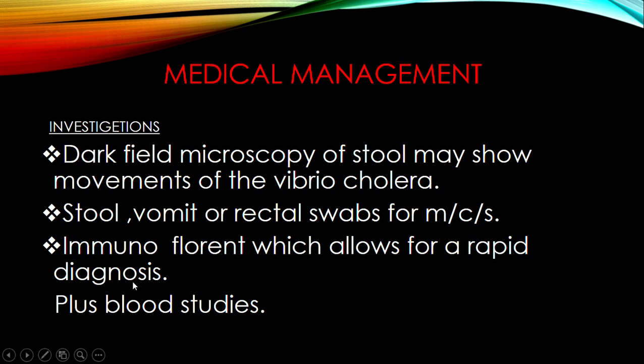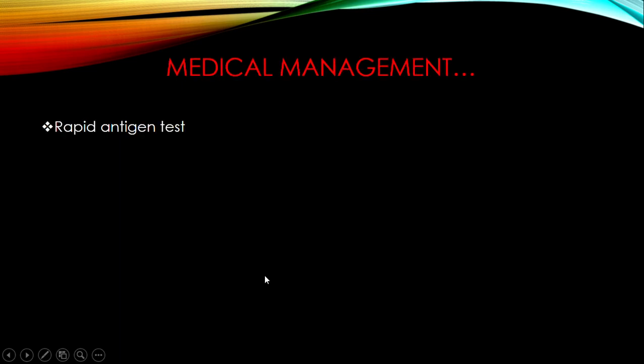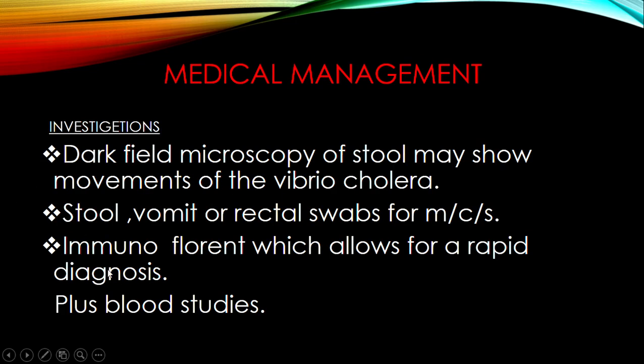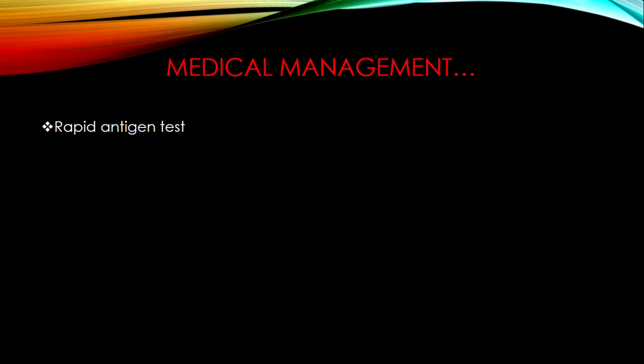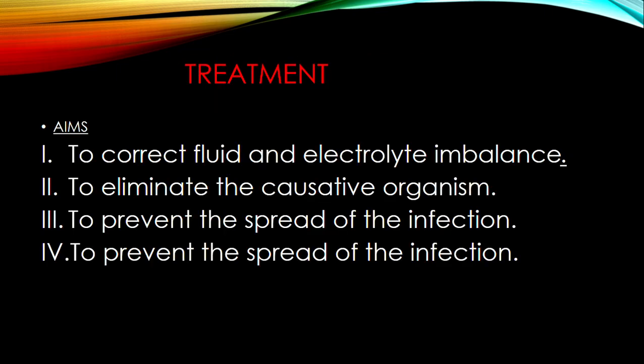So this is where the sample, the stool, is gotten from the patient and tested for a rapid diagnosis. So also blood studies are going to be done. Then also a rapid antigen test, which is equivalent to this one. It's the one which gives a rapid diagnosis. So blood studies includes a full blood count, blood culture. So all those can be done.